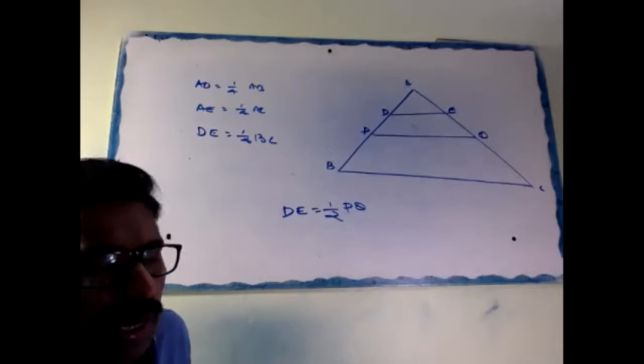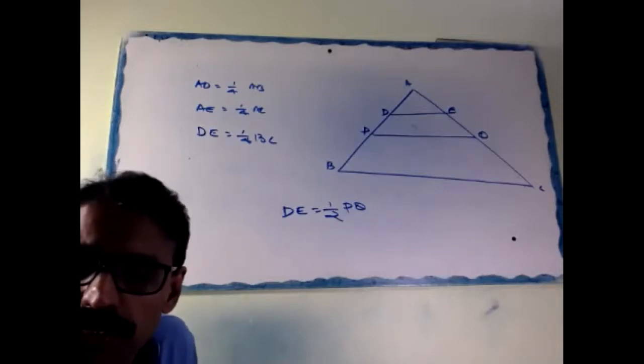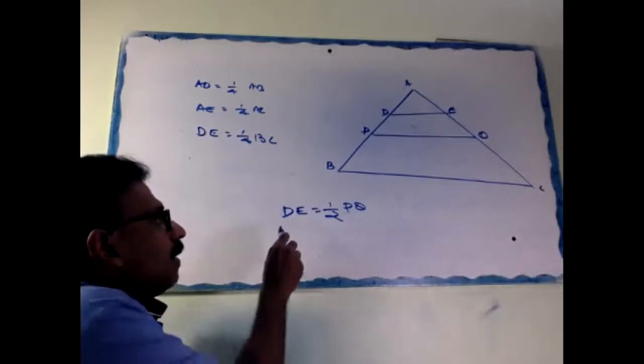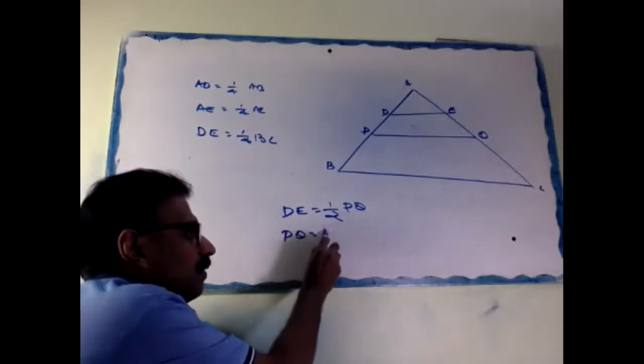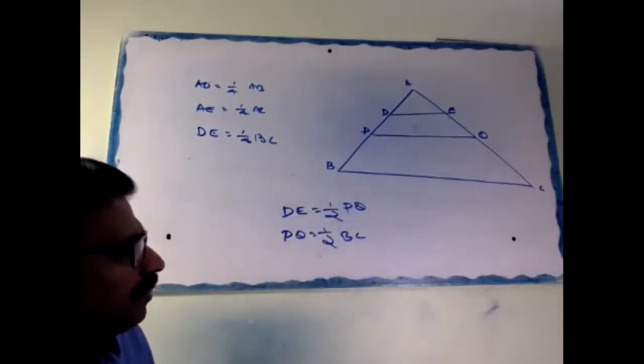And also in triangle ABC, P and Q are the midpoints. Therefore, PQ equal to half of BC.